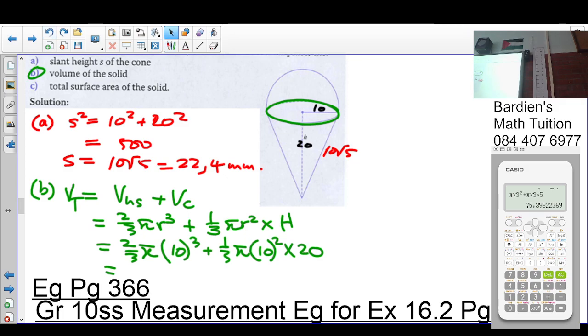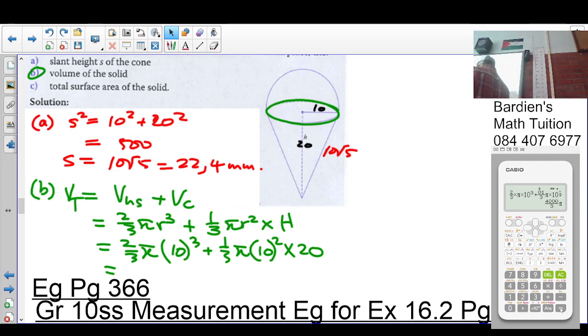Let's put that in a calculator. 2 over 3 times pi times 10 cubed, that is 1,000, plus a third pi times 10 squared times 20.